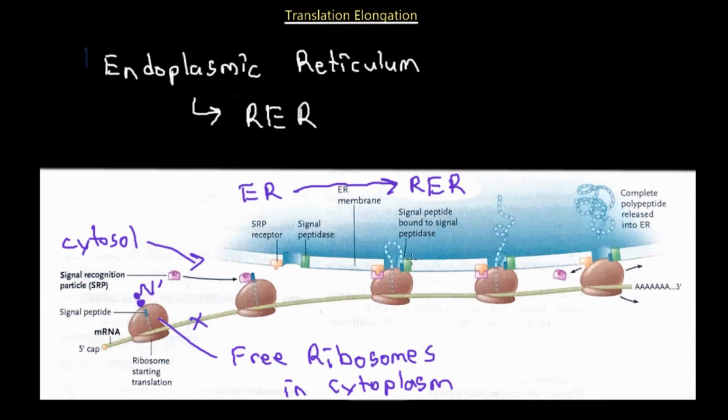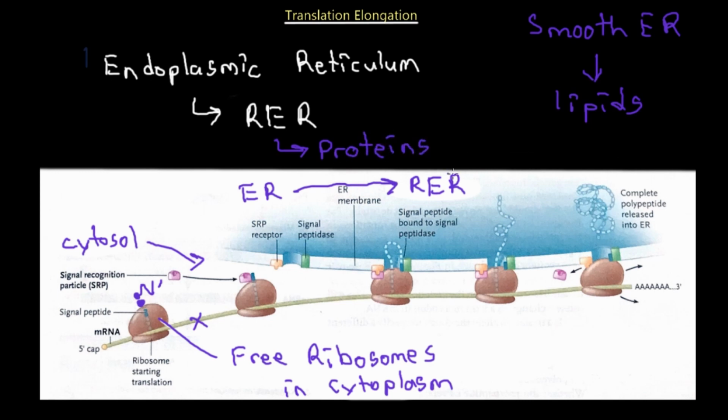So sometimes it would be smooth if you're producing more lipid. Remember that smooth ER is going to produce lipids, and the rough ER is going to produce proteins. So of course, if you're doing protein synthesis, if you're doing translation, you're going to get more rough ER.